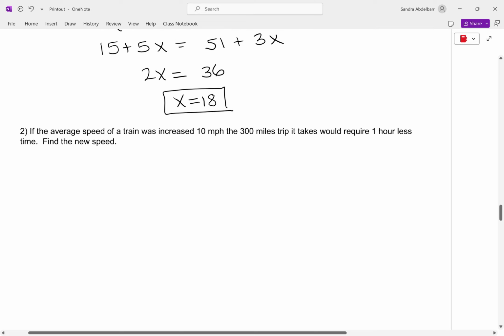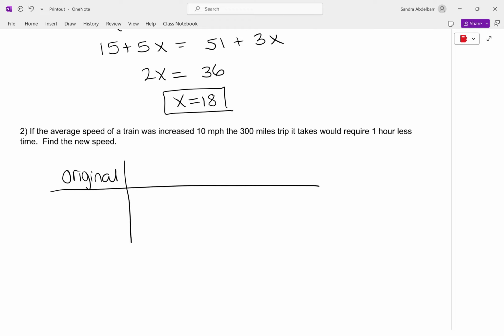Number 2: if the average speed of a train was increased 10 miles per hour, the 300-mile trip it takes would require 1 hour less in time. Find the new speed. So we have the original speed, and we have the increased speed.